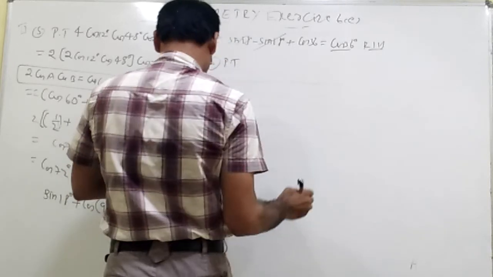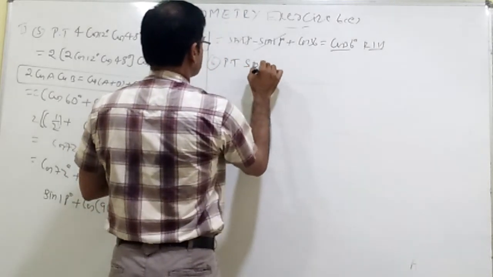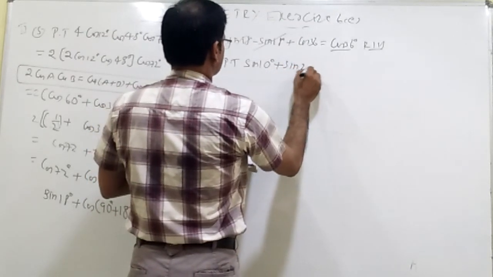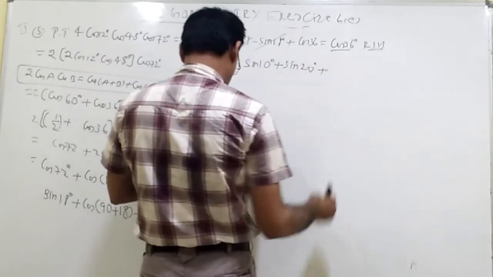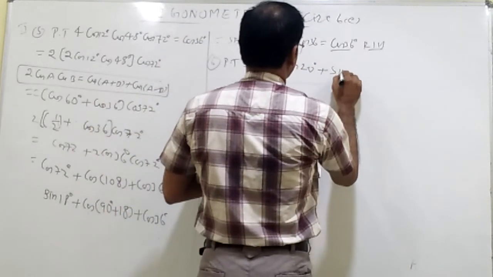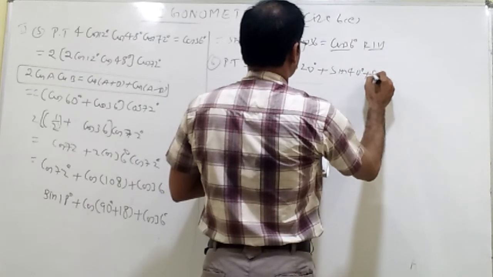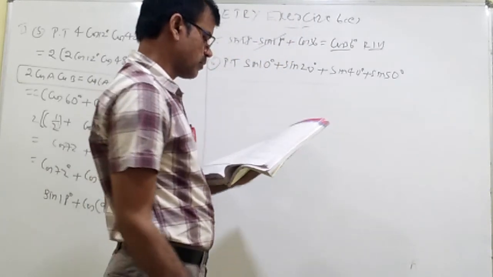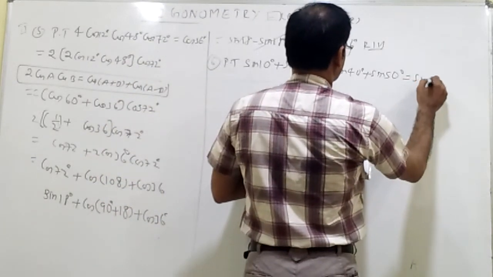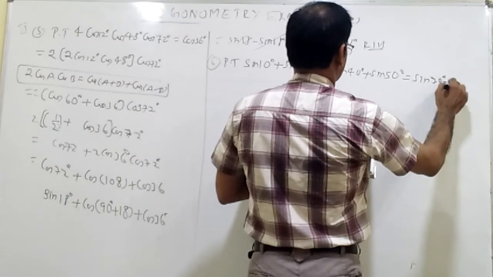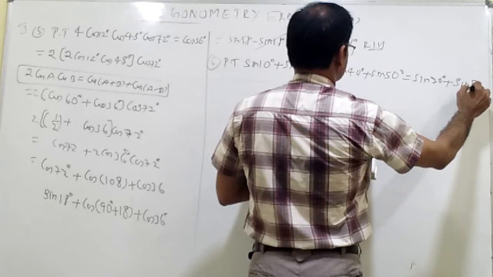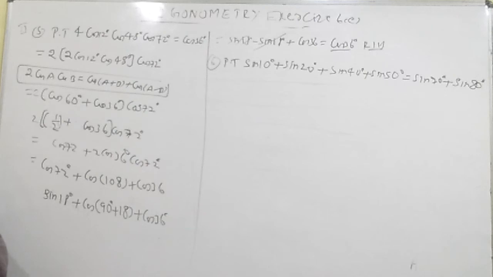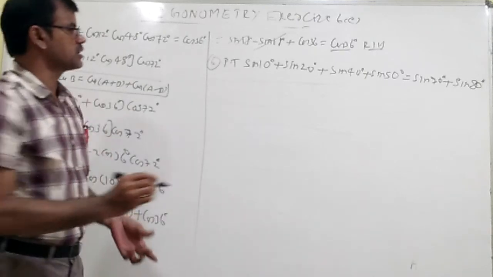Prove that sin 10 degrees plus sin 20 degrees plus sin 40 degrees plus sin 50 degrees is equal to sin 70 plus sin 80.